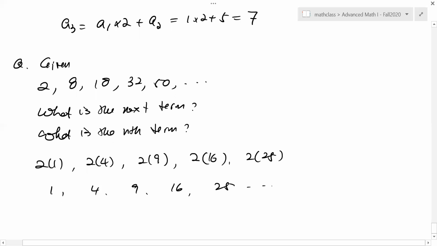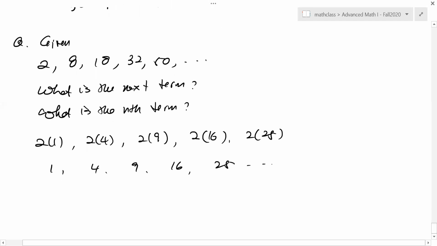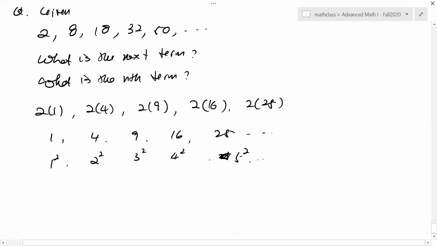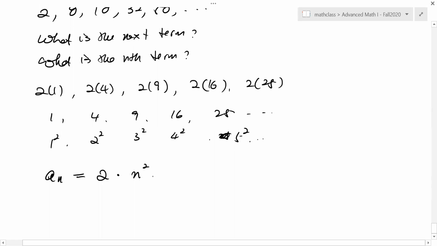These are perfect squares, right? 1 squared, 2 squared, 3 squared, 4 squared, 5 squared. So the nth term is going to be 2 times n squared. That's the general term.